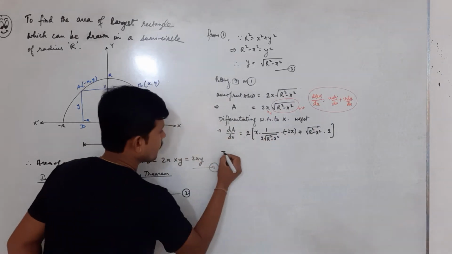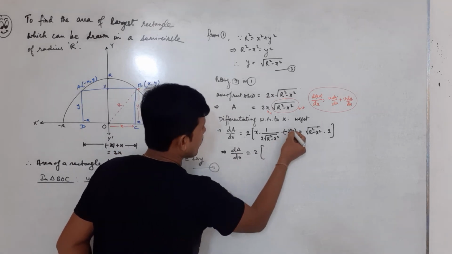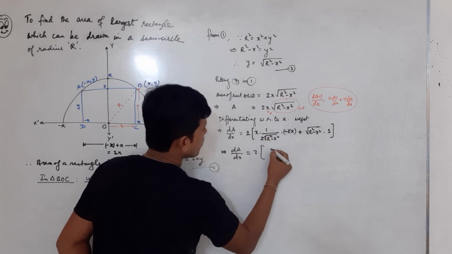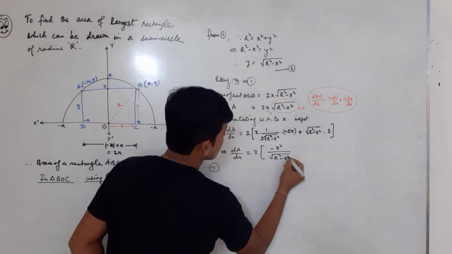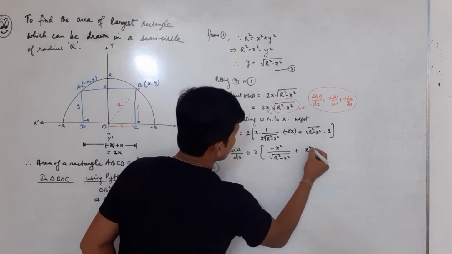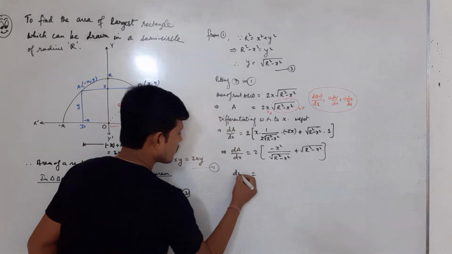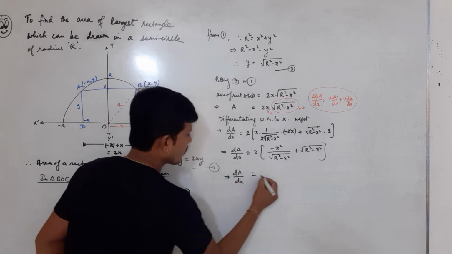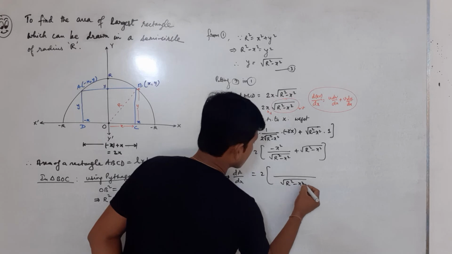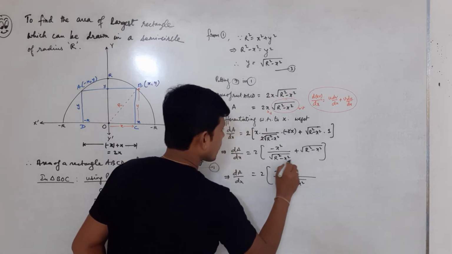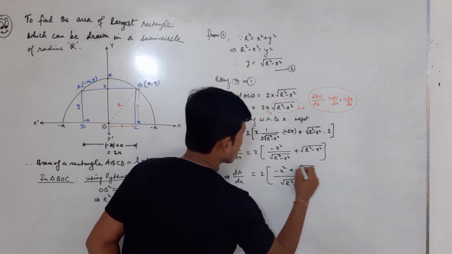Now you can see dA upon dx equal to, from here I am going to eliminate 2, so we are left with minus x square upon under root r square minus x square plus under root r square minus x square. Now let us do a little bit more manipulation. I am going to take LCM under root r square minus x square. Multiplying, we get r square minus x square.